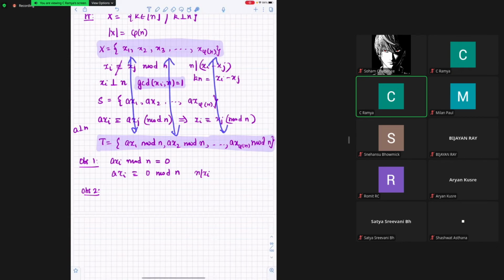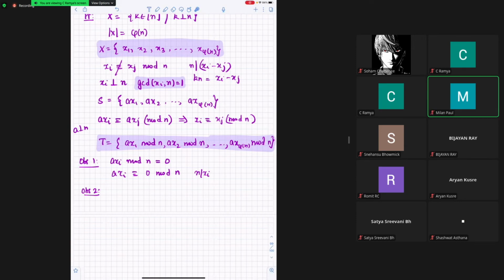There are phi of N elements in both these sets. The question is, are these sets the same? That's what I'm asking. Remember, this set does not contain 0. So for this set also, I should first show that it does not contain 0. That is a sanity check. Now the question is, does every element here have an element here that is the same, like a map? Somebody said the answer, but I missed it.